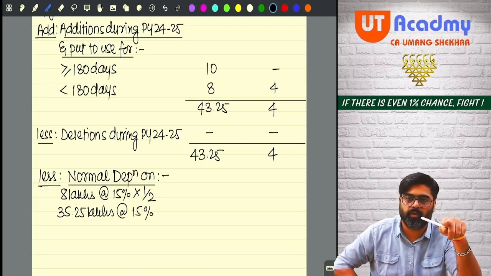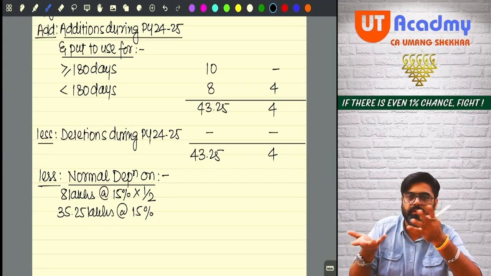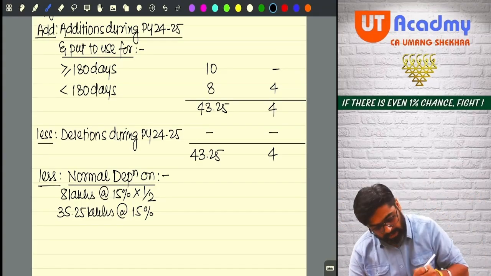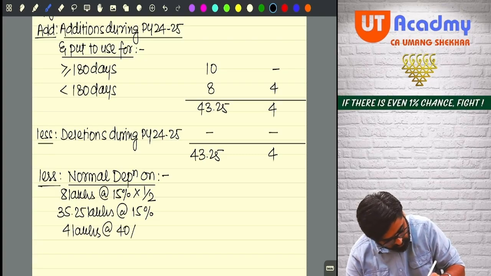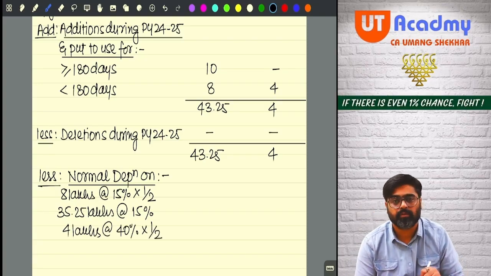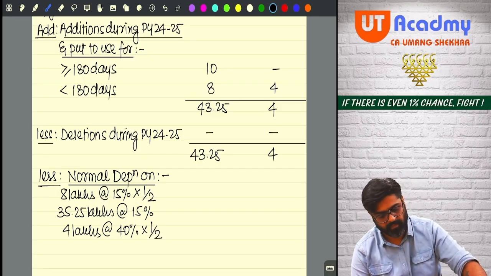Out of 43.25 on 8 lakhs I will calculate half, but on the balance amount I will calculate full, and on the entire 4 lakhs of computer I will calculate 40%, no, half of that, because entire is less than 180 days. Got it?